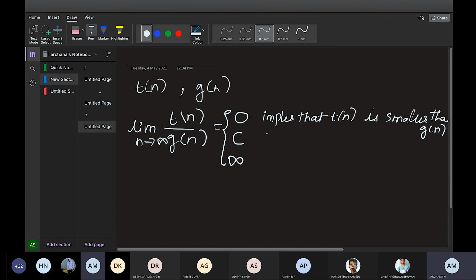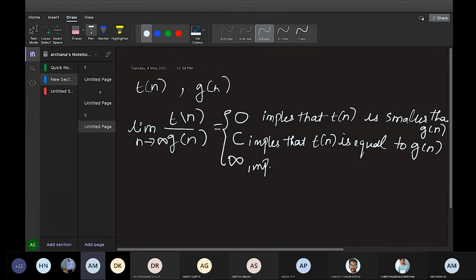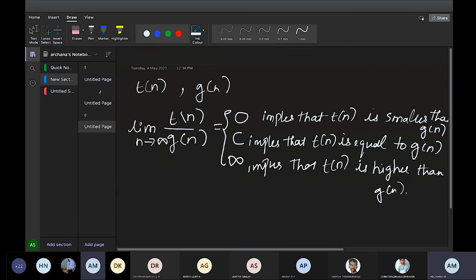A constant C implies that T of n is equal to G of n. You people have to note this down. And infinity implies that T of n is higher, bigger than G of n. These are the three important properties you have to note down.